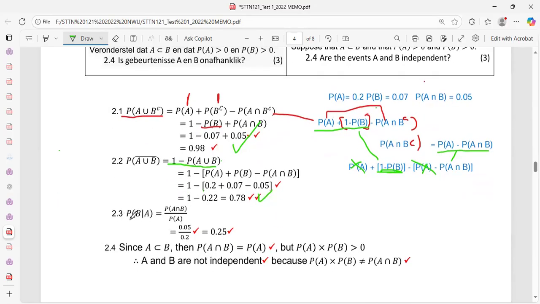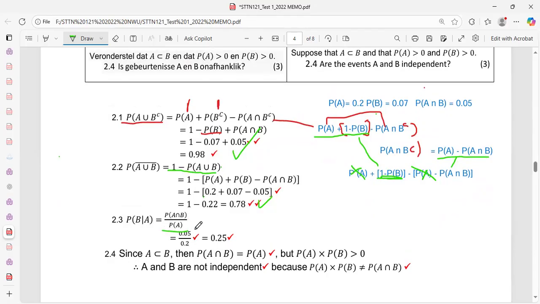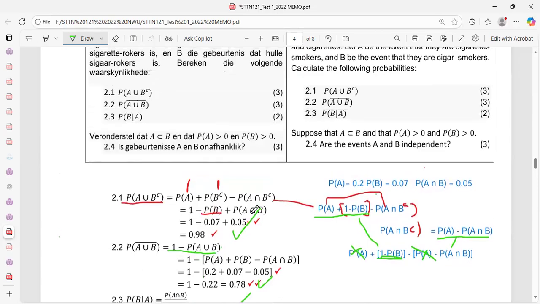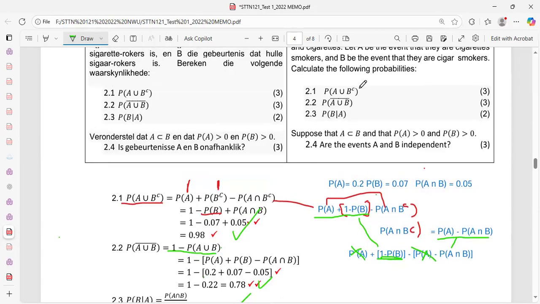Then this one is the conditional probability. The probability of B given A. You remember I said it means that B is occurring given that A has occurred. You're going to divide by probability of A. And then already we are given the intersection as 0.05. A is 0.2. And then you get 0.25. Then you're done.